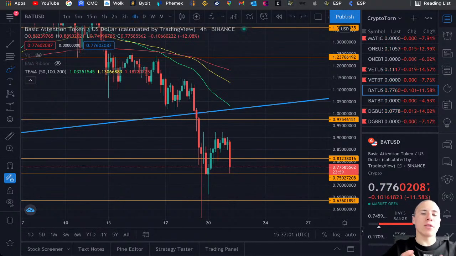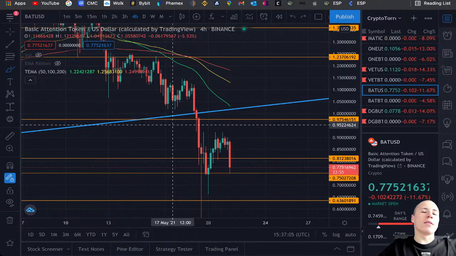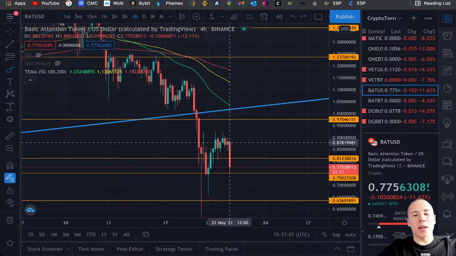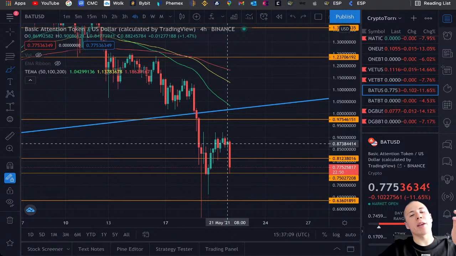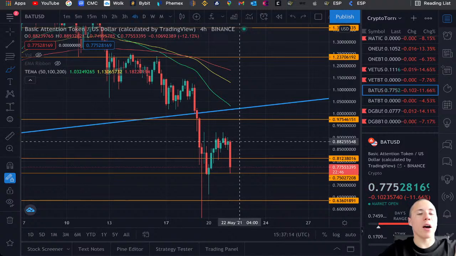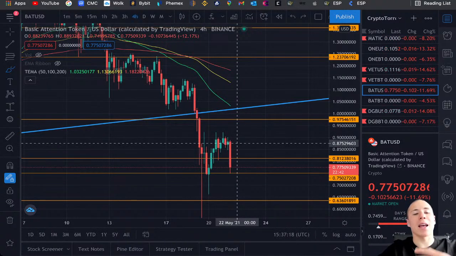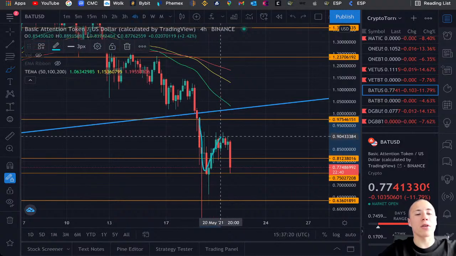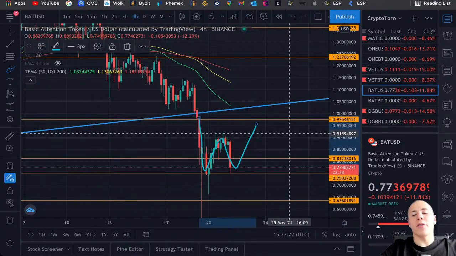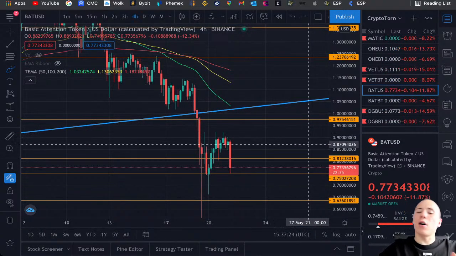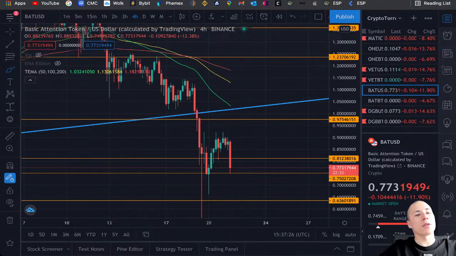And I wanted to just make this clear, because we are seeing this pattern not just being created on Bitcoin, but we are seeing it being created on many different altcoins as well. And that is something that I personally think is indicating that we are right now currently seeing a trend reversal being created not just on Bitcoin, but also as well on many altcoins at the same time.